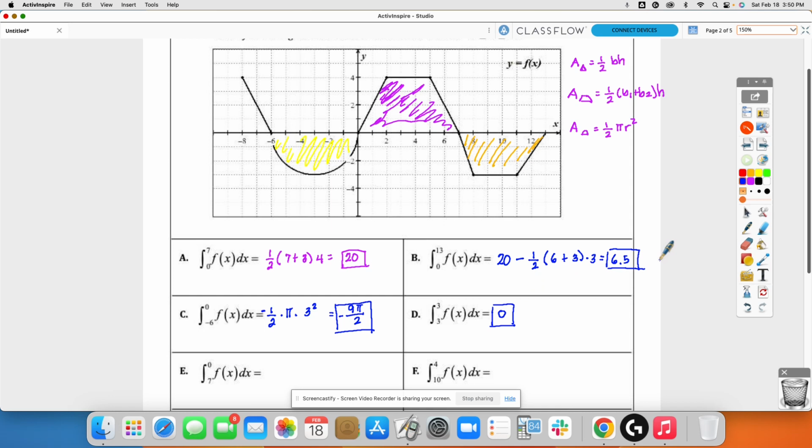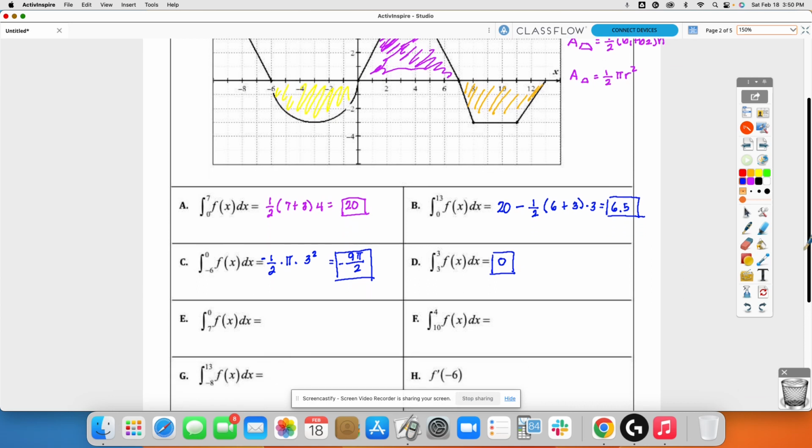Letter E, from 7 to 0. Notice here that the lower limit is 7 and the upper limit is 0. So the lower limit is higher than the upper limit. We can switch this up, and when you switch the limits, you have to change the sign, because you're going in the opposite direction.